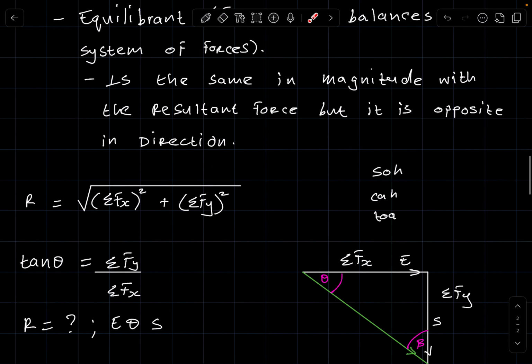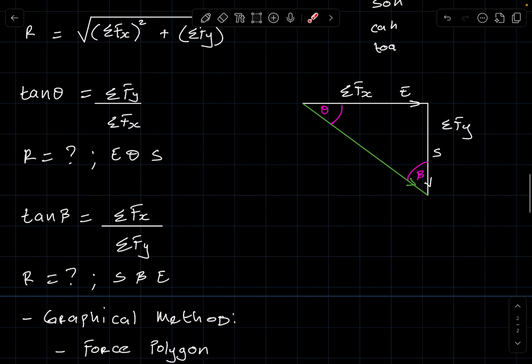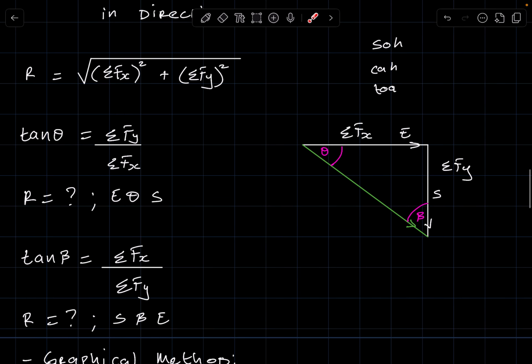Similarly with this one, not to get confused as to which formula to use or how to express tan theta or tan beta, stick with using tan angle equals y component over x component. This way we know that whatever angle we have here is referenced from the x-axis.